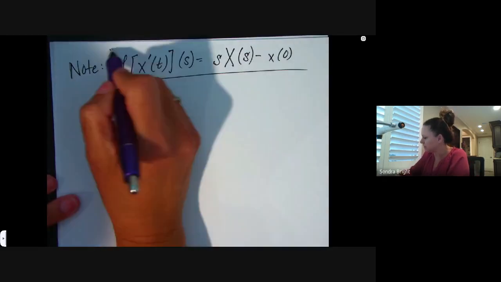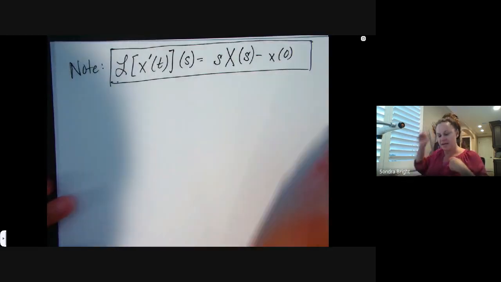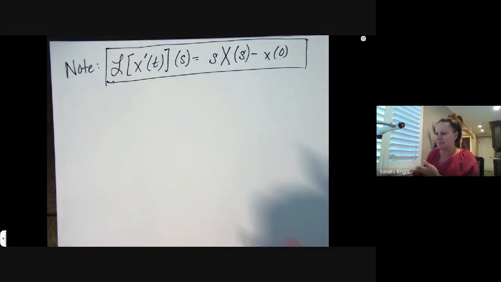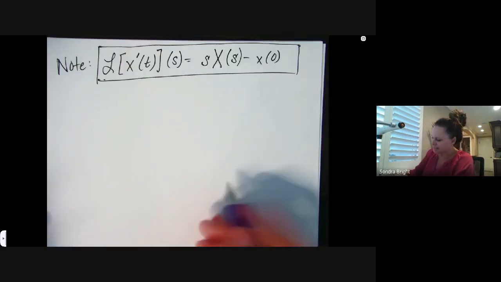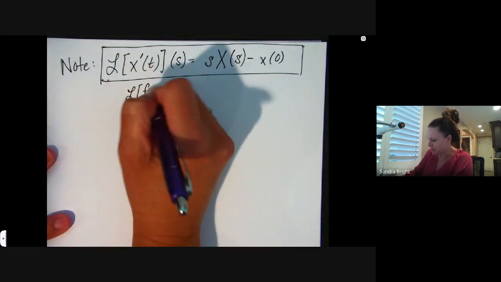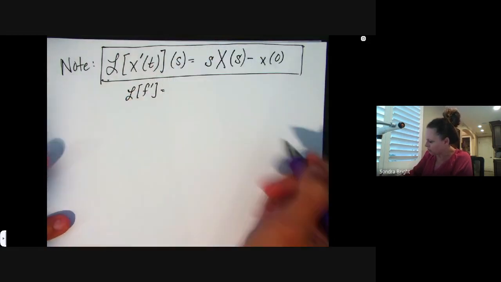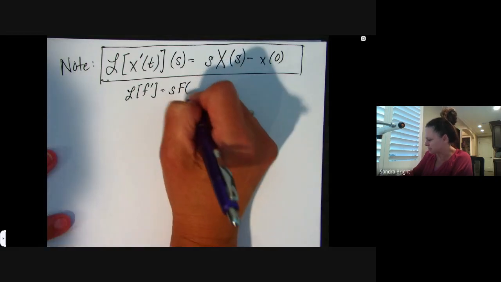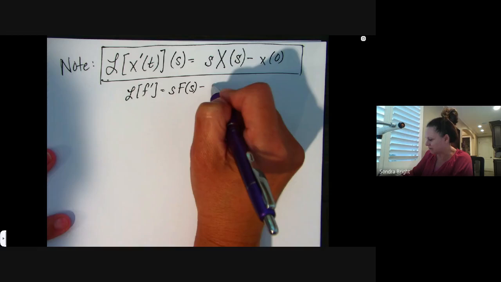What does all of that mean? You could think of it too. We were just using big F's and little f's, so I could rewrite this. This just means that the Laplace transform of f prime is equal to s times big F of s minus little f of 0.